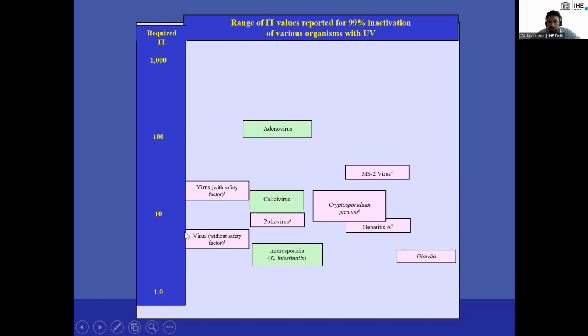For those ones, we need an IT of around 10, more or less, intensity times time. If we have some other viruses that are stronger, or adenoviruses that are the strongest ones, then we need an IT of more than 100. So this IT is the intensity of the light times time, similar to the CT concept, but in this case applied to UV light.